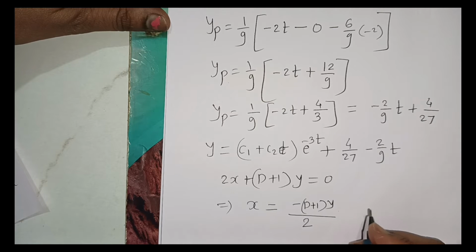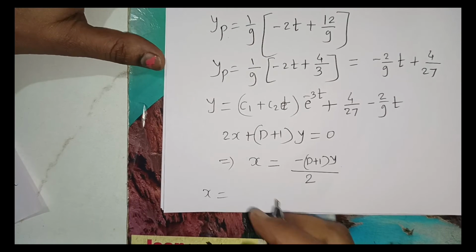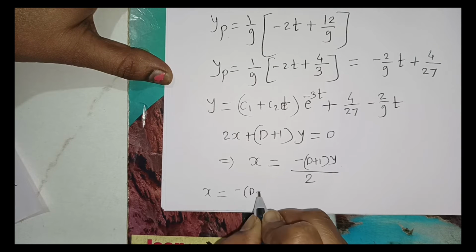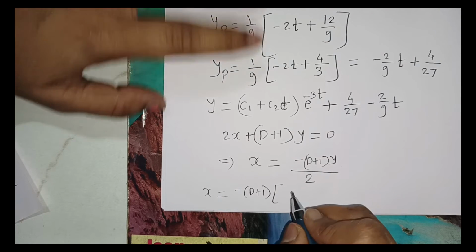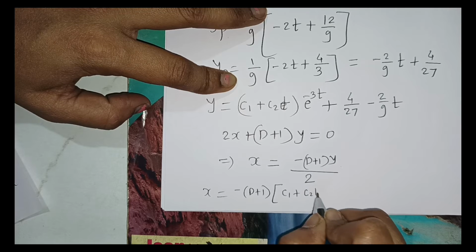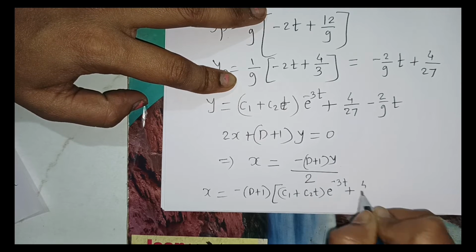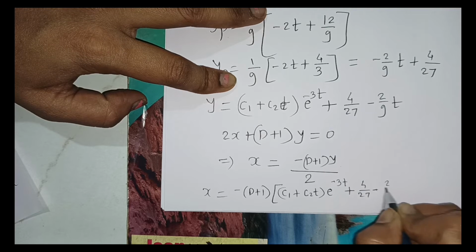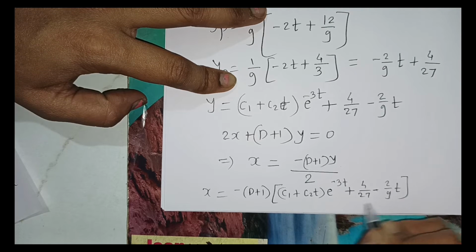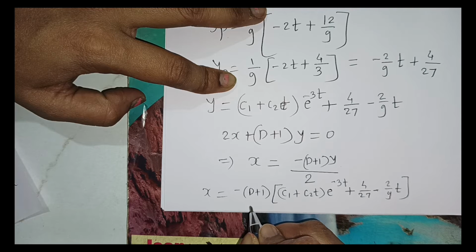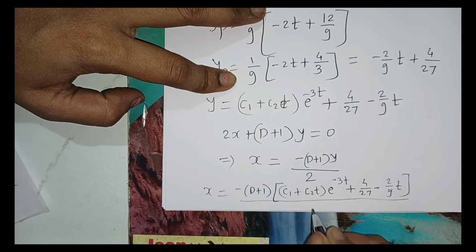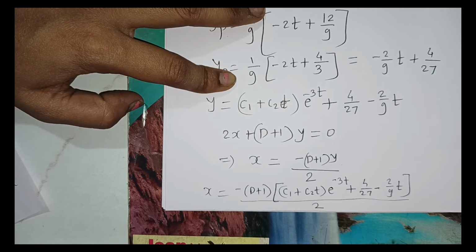Now you have y, so x is equal to minus (D plus 1) of [(c1 plus c2t) e raised to minus 3t plus 4 by 27 minus 2 by 9 t] divided by 2.